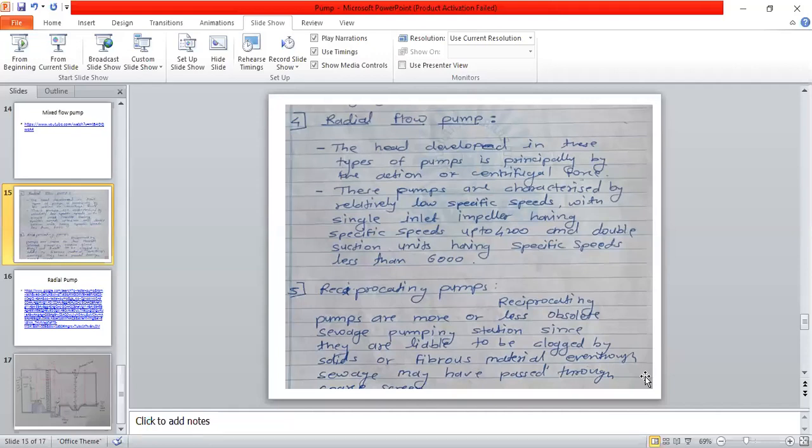So you remember the centrifugal pump, radial flow pump, mixed flow pump, and axial flow pump. These four pumps are used especially for the pumping of sewage. So you should remember these four pumps and how they work for sewage pumping.